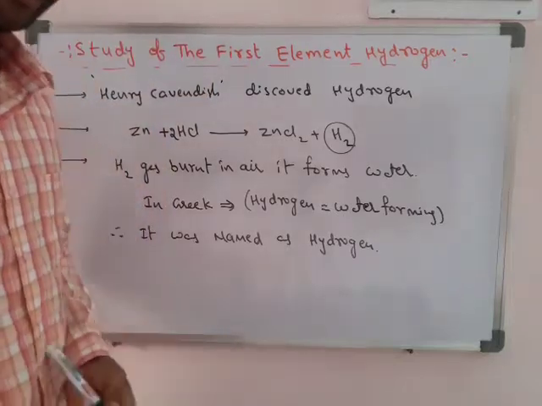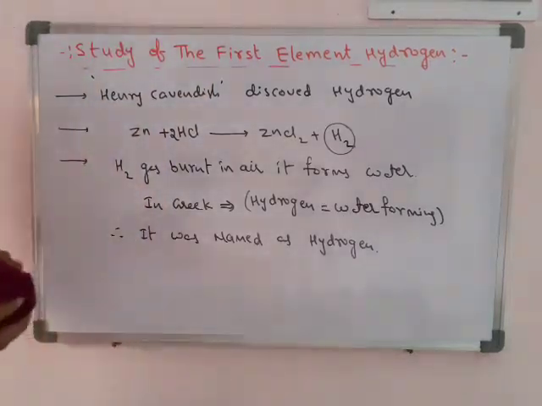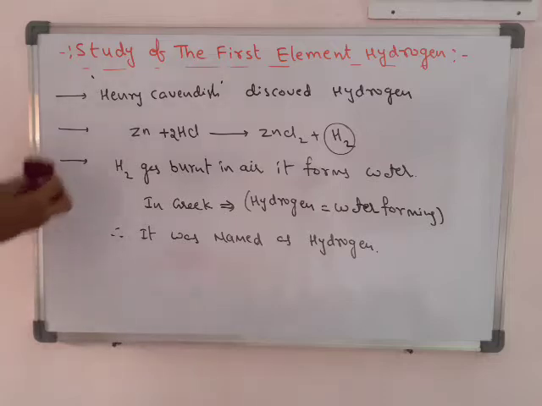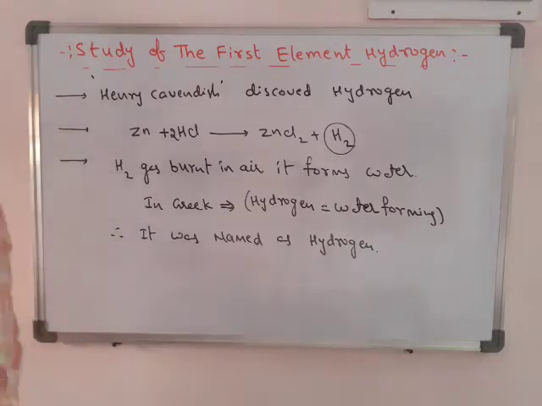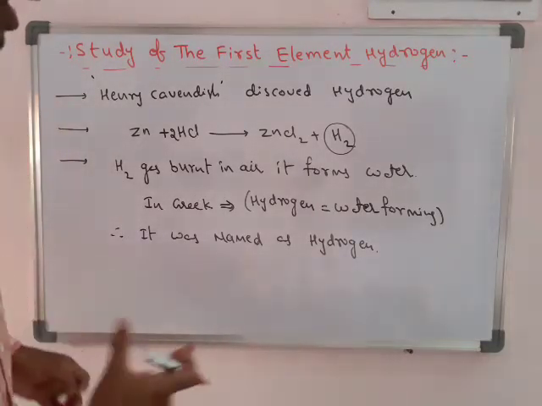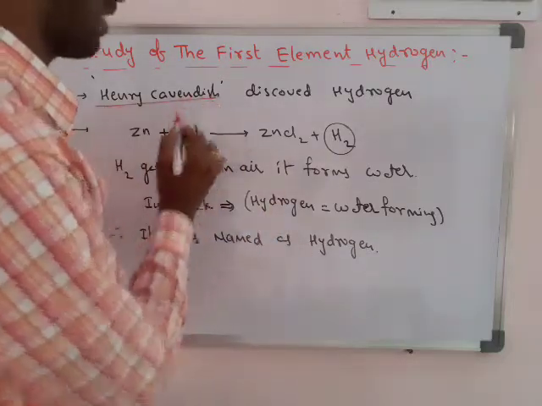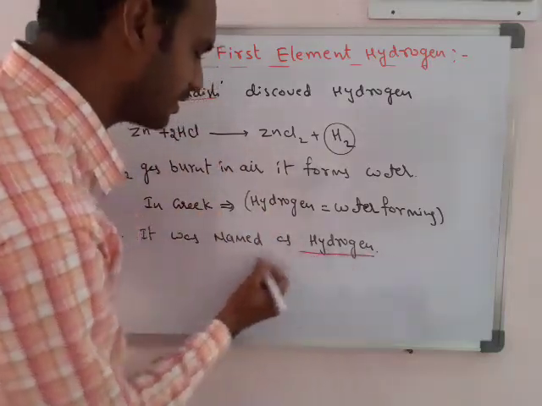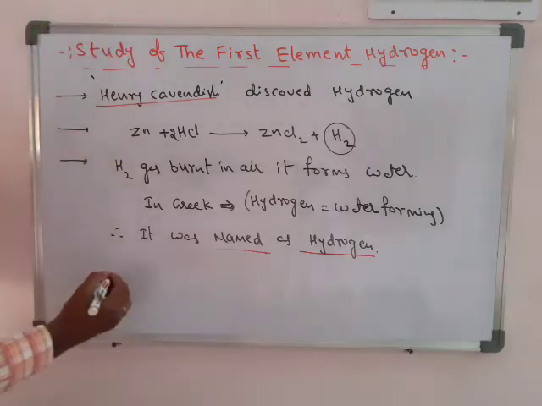Next, we see some properties of it. One more important point here: the hydrogen was prepared by Henry Cavendish, but the name is given by other scientists.